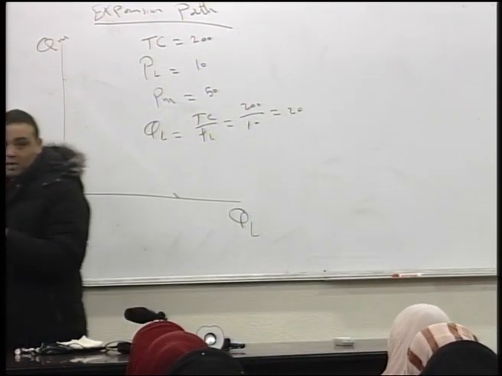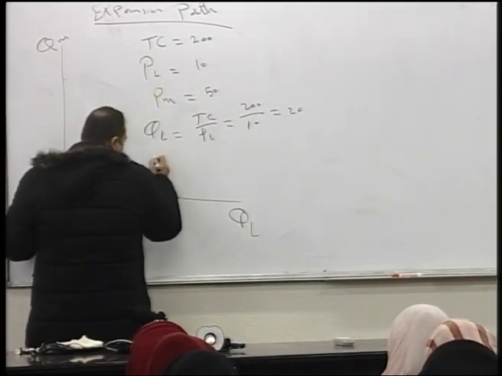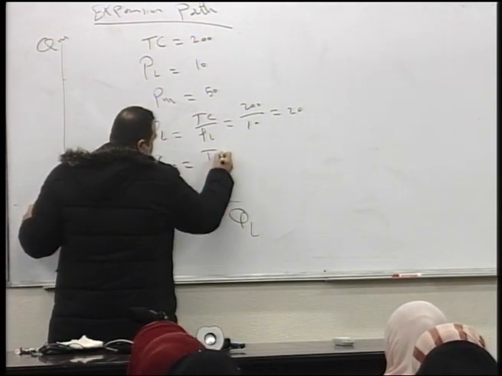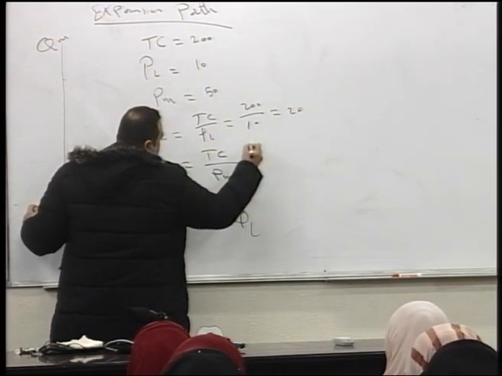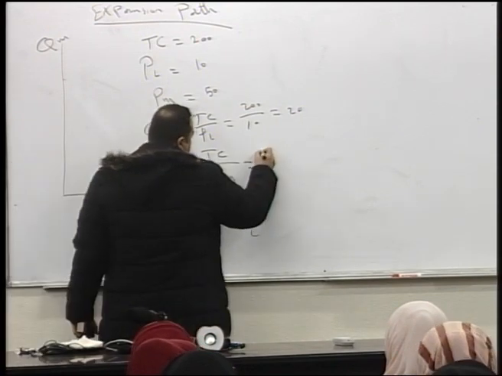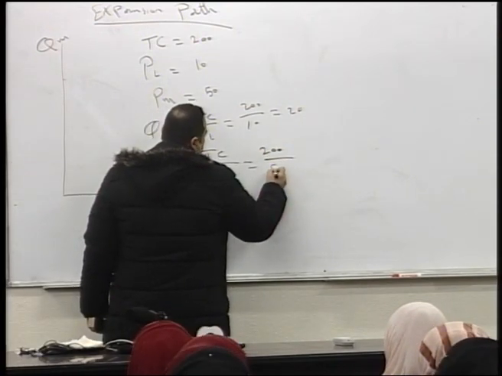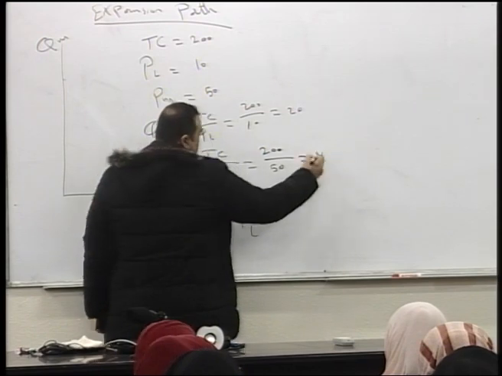And the number of machines, QM, equals total cost over the price of machines, equals 200 over 50, equals 4 machines.